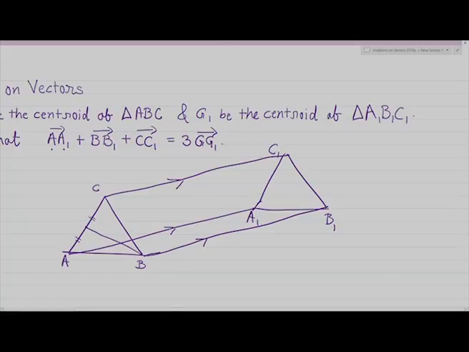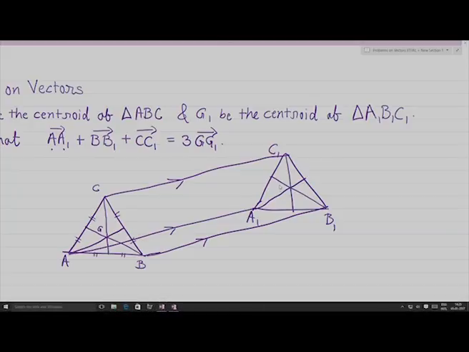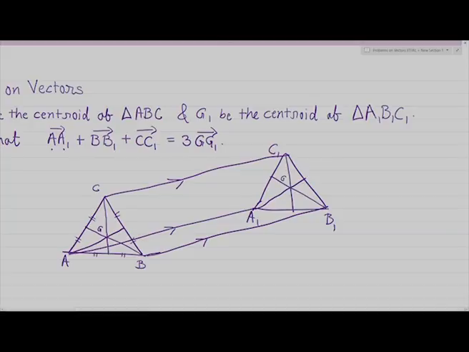Similarly, if I do this for all the sides of the triangle, then I should get a point, and that point is called the centroid. For this particular triangle, this is the point G, which is the centroid. I will do a similar exercise over here, and this is the point G1 for me.